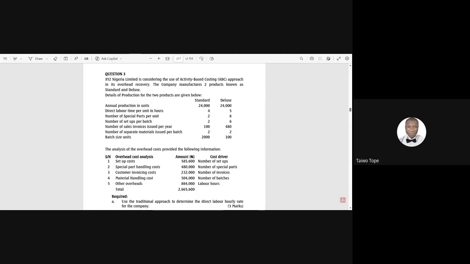Also, number of sales invoices issued per year. That is overall. For Standard, the number of invoices issued sums up to 100 invoices. For Deluxe, it's 480 invoices.